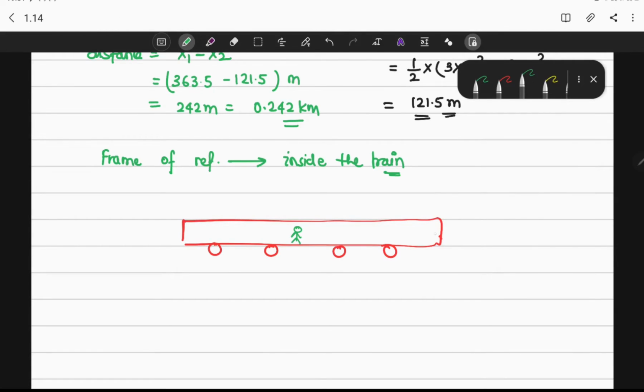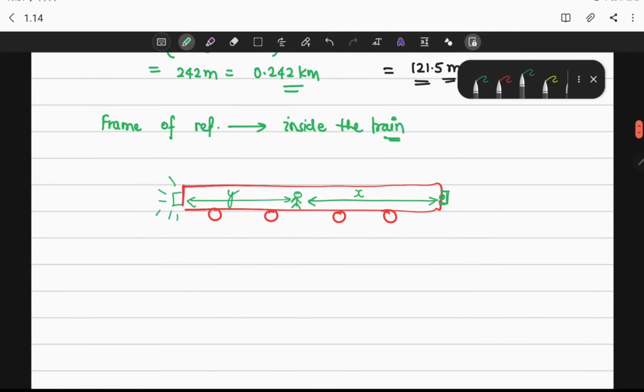Okay, and then it is the position of this particular headlight when it is switched on. Let us say this particular distance is x, and the tail headlight when it is switched on, then the distance between these two is y.